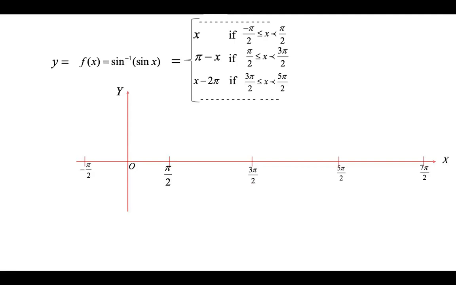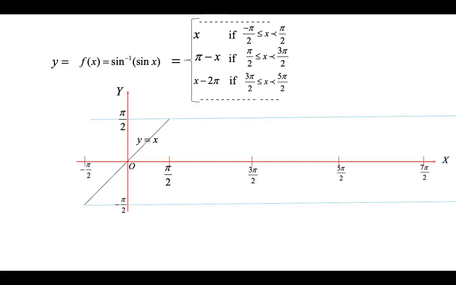You observe that in the interval −π/2 to +π/2, it is the function y = x, so the graph is like this. Now in the interval π/2 to 3π/2, it is like this. This graph is y = π − x.